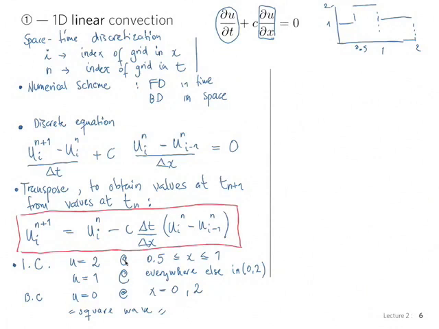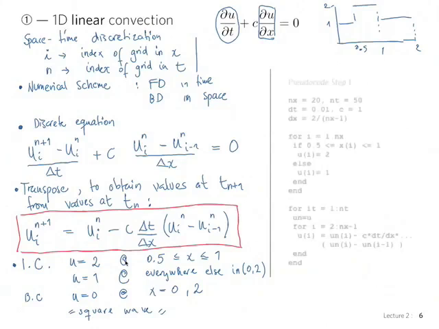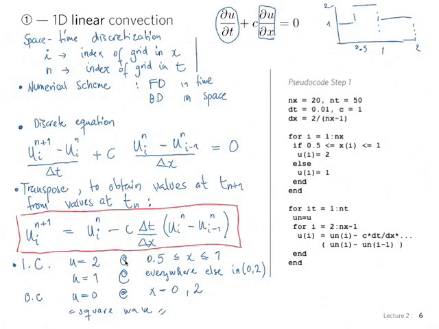You can now write a program to solve the one-dimensional linear convection equation, and I'm going to give you a pseudocode for that. This is really kind of like Matlab syntax, but it's a pseudocode. It's a simple program that does this.